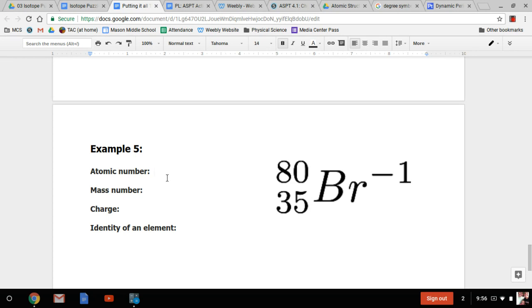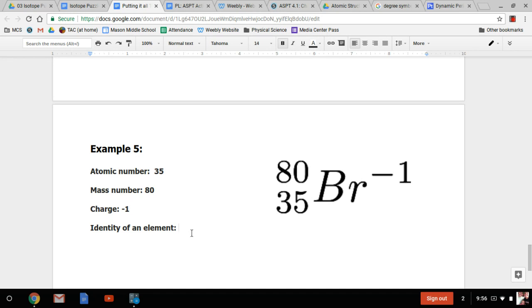All right, last example. The atomic number here is your number at the bottom. Your atomic number is 35. My mass number is 80. That's the number at the top above the 35. My charge here, again, is given to me in this isotopic symbol. So this is not only an isotopic symbol, but it also has an ionic charge here. So it's a special one. It is a -1.